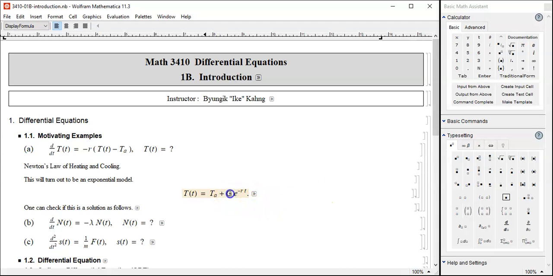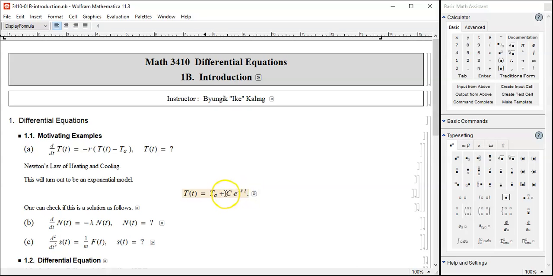And then C is a constant. Whether it's a positive constant or a negative constant depends upon the initial state. You see, if capital T had been higher than the ambient temperature, then capital T has to be bigger, so this C has to be positive and remain constant.